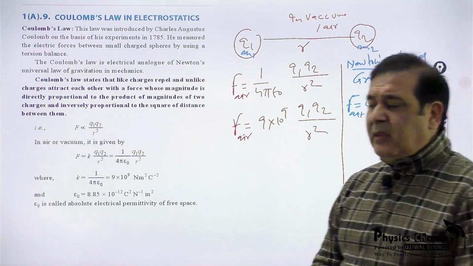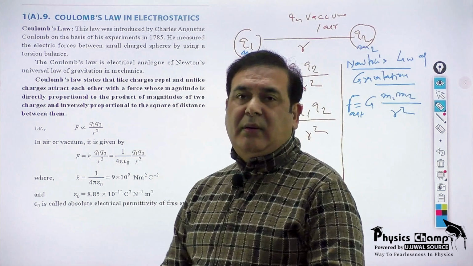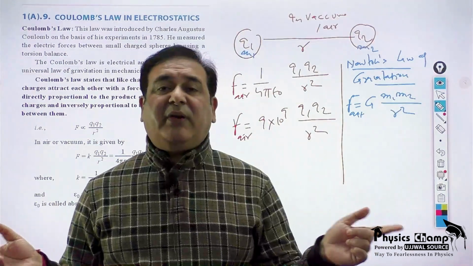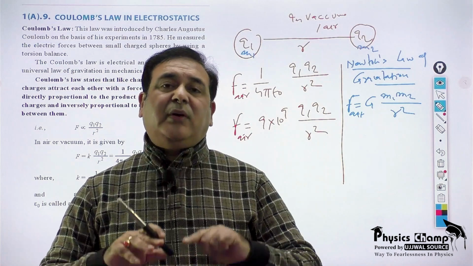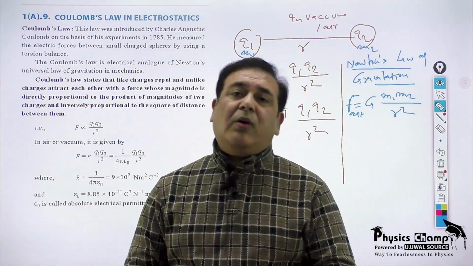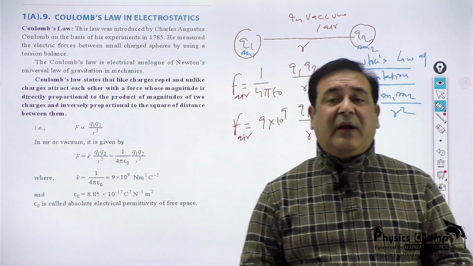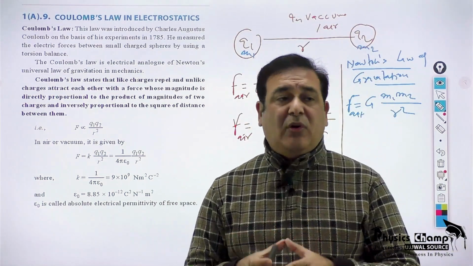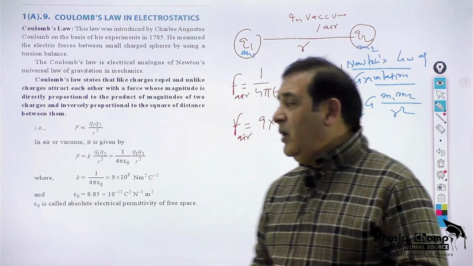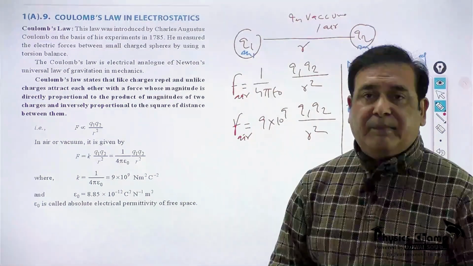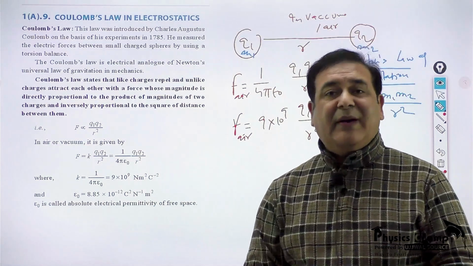Like Newton's law of universal gravitation is the most fundamental law for gravitational forces, similarly for electrostatic forces Coulomb's law is the most fundamental law, and it is analogous to Newton's law of gravitation in electrostatics.